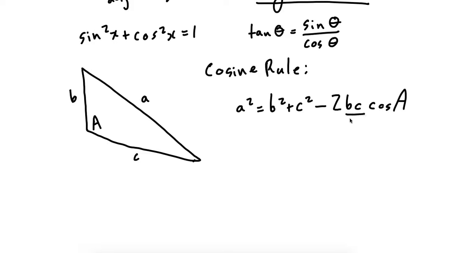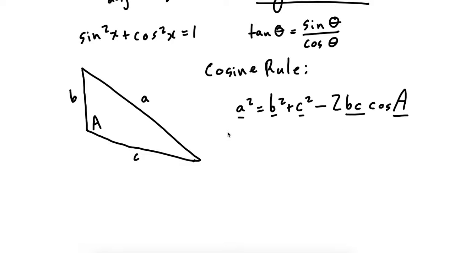Lowercase things are side lengths, uppercase things are angles. So in this case, I can figure out the length of side A if I know, for example, the length of side B and side C and the size of angle A. So it means that we've got something that looks a bit like Pythagoras, but that works in any triangle, not just right angle triangles.